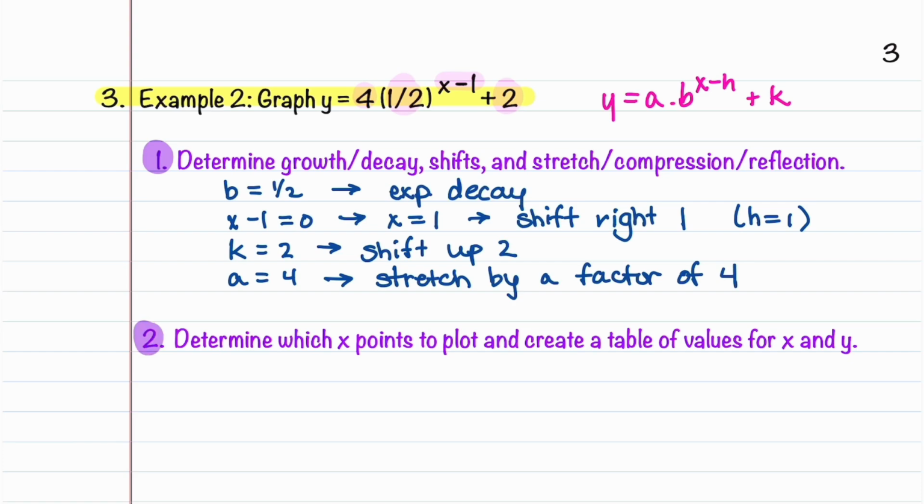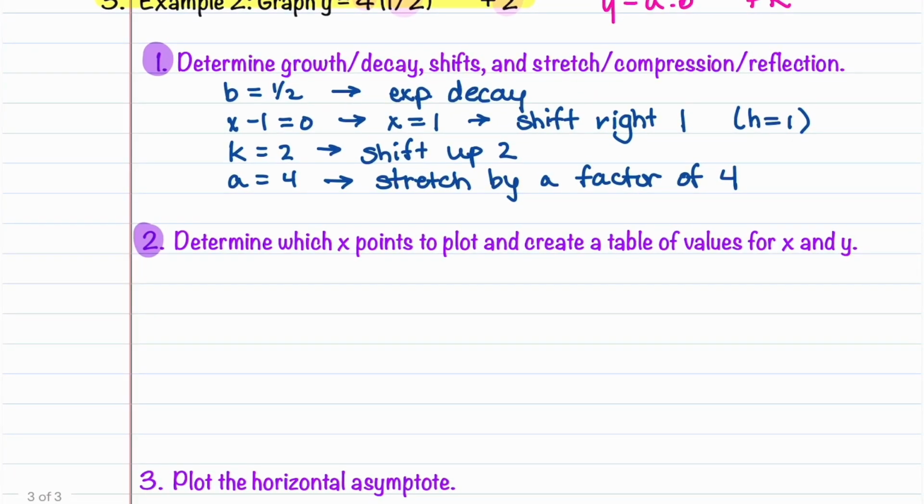Let's now go to our second step. We are going to first determine which x points to plot. Let's go ahead and rewrite our function. We're graphing y is equal to 4 times 1/2 to the x minus 1 plus 2. We mentioned in our first example that we usually plot x is equal to -1, 0, 1.